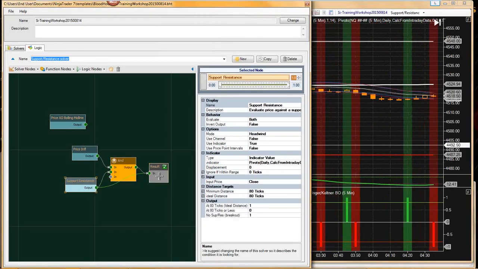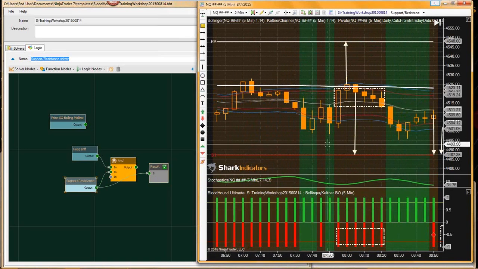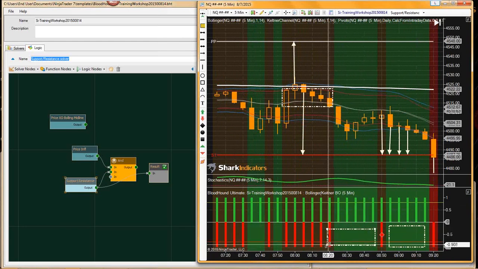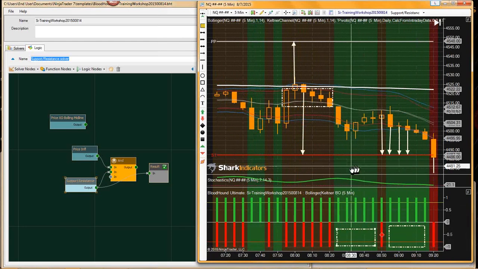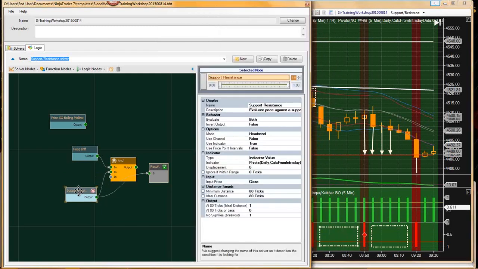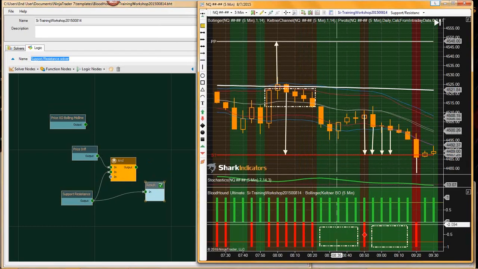So let's go back here. Actually, I'm going to scroll forward on the chart, and there's a couple of spots where price is too close to S1 to take a short trade, right? So there's no short output from our support resistance solver, so this is going to block any short signals that may be generated here.